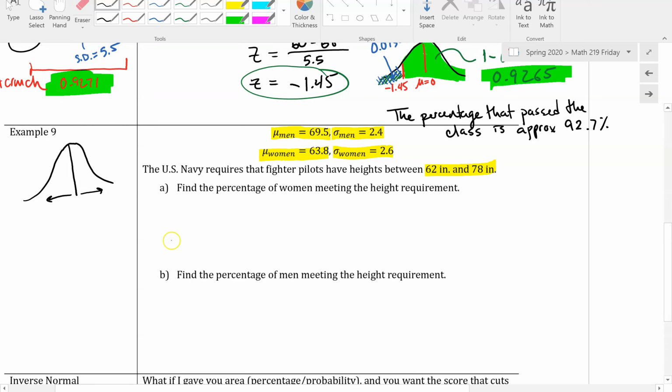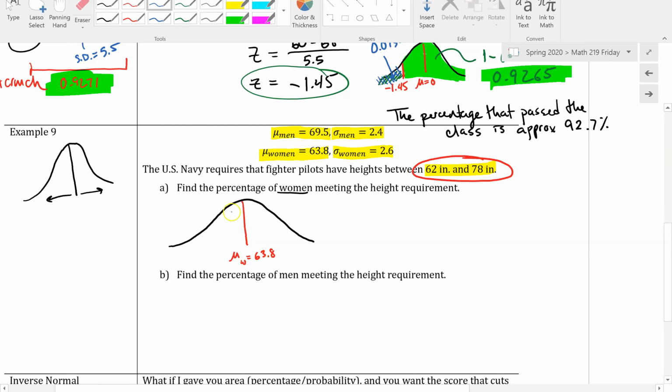I really need to see the picture to get an idea of what's going on here. We're talking about women, so I'm going to draw the normal curve for women's height. The mean for women is 63.8. Now the Navy says that if you want to be a fighter pilot, you've got to be between 62 and 78 inches.